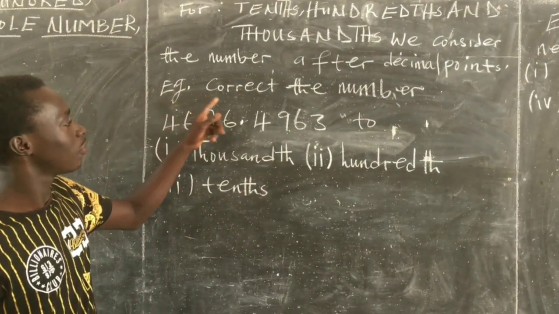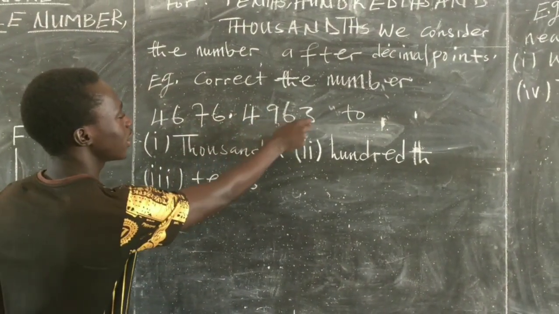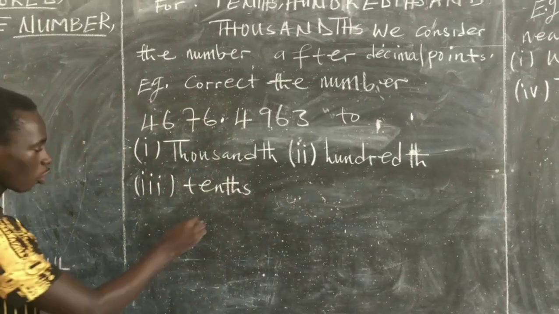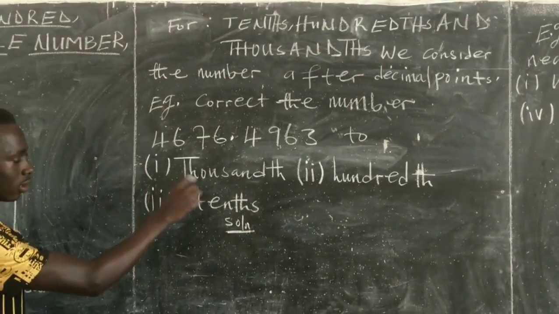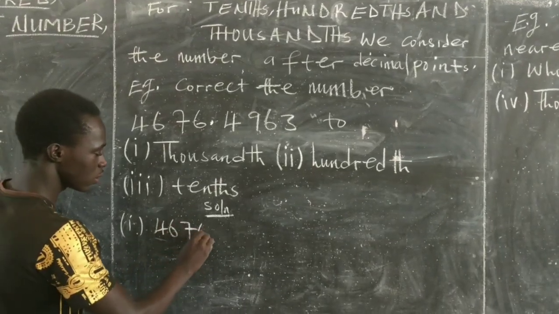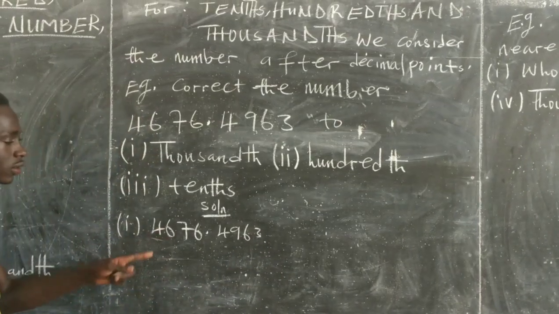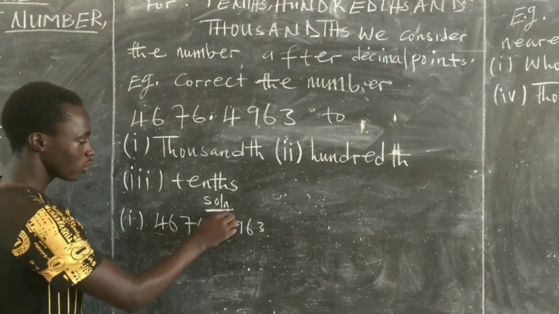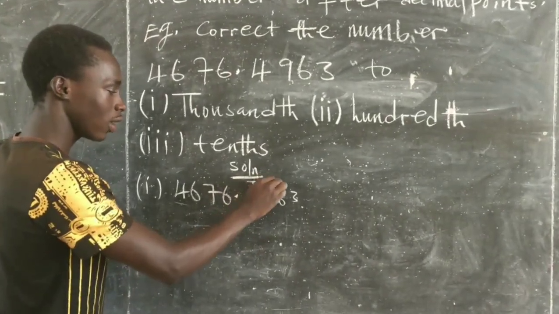So an example is given, correct the number 4676.49632 to nearest 1000th, 100th, and 10th. Roman figure 1, to nearest thousandths, we have 4676.4963. The first number after the decimal point is the 10th. The next one is the 100th.